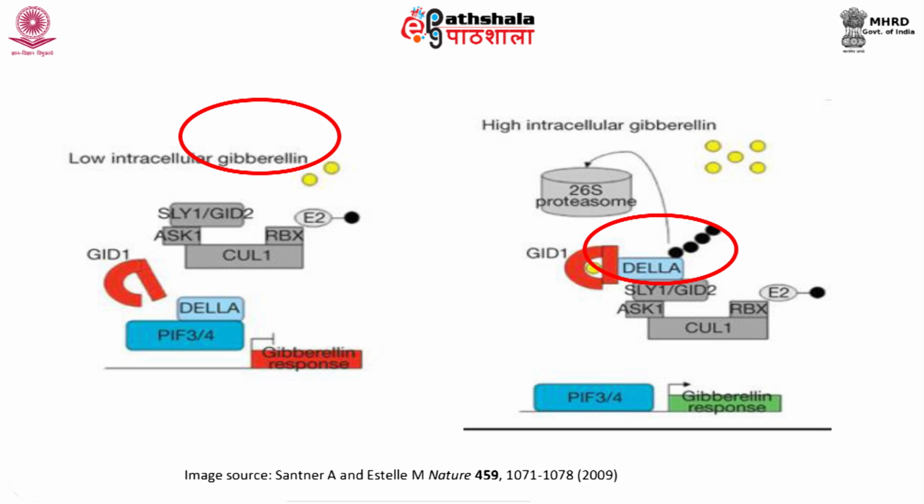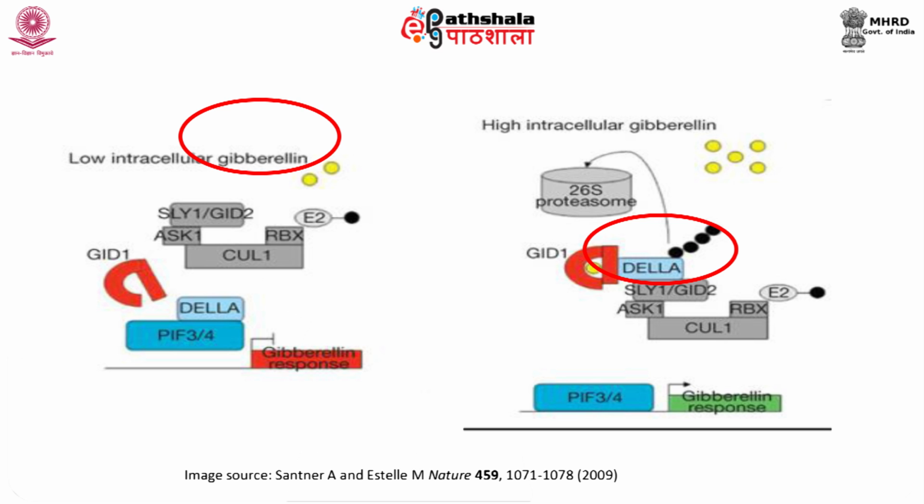When the concentration of bioactive GA is low, GA response genes are not expressed due to the binding of transcription factors like phytochrome interacting factors PIF3 and 4 to DELLA proteins instead of binding to the promoters of GA response genes. When GA concentration increases, it binds to its receptor GID1. The GA-GID1 complex then binds to DELLA proteins like GAI, RGA, RGL.